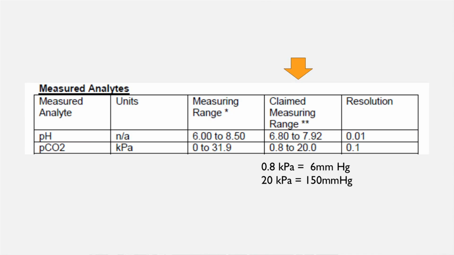Here you can see the range of values the machine will accurately measure and output. It's a very wide range, and then below the table are the values of PCO2 in millimeters mercury rather than kilopascals. So that range would be 6 to 150 millimeters mercury.